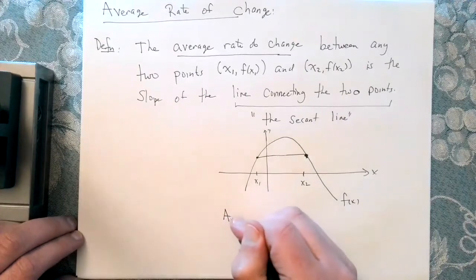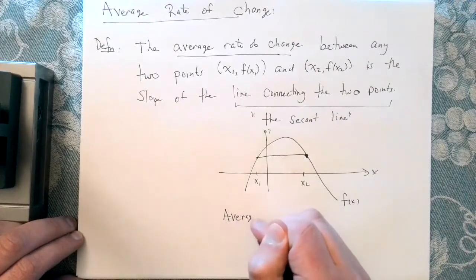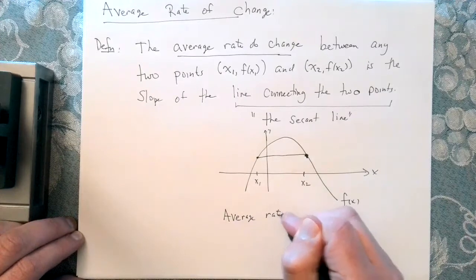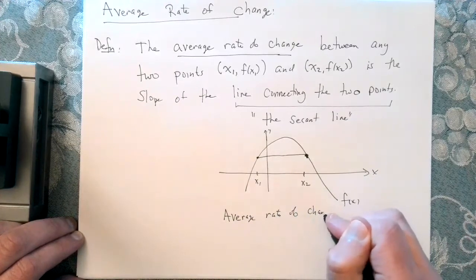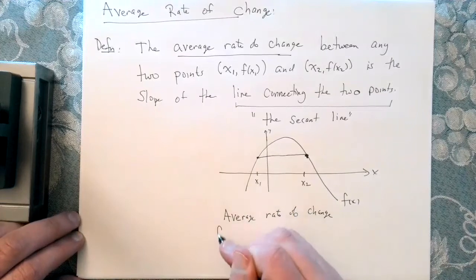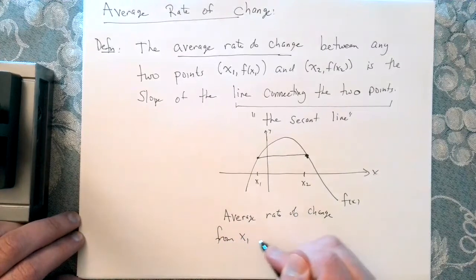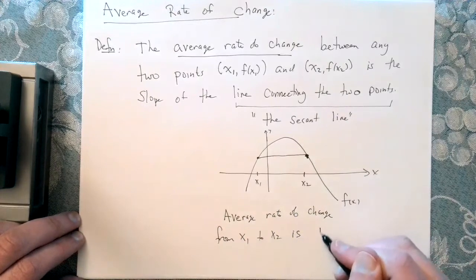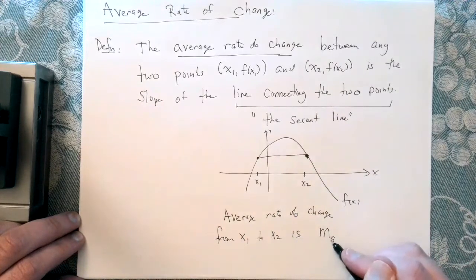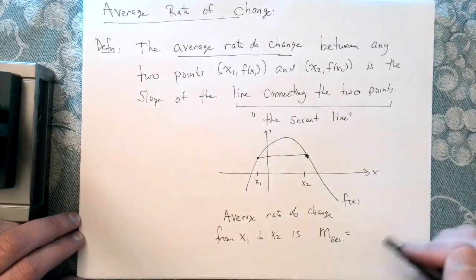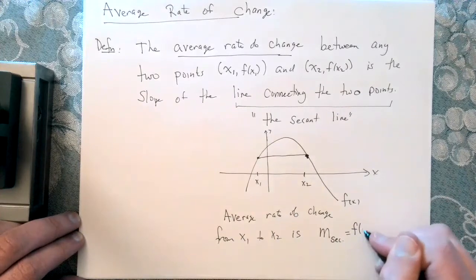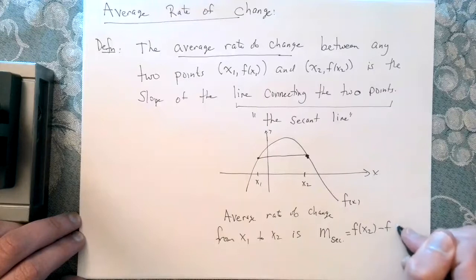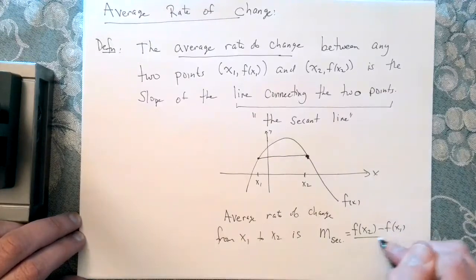So let's actually say that. So the average rate of change from x1 to x2 is, I'm going to say it's the slope of the secant line, and that would be the change in y's, so f of x2 minus f of x1 over the change in x's.